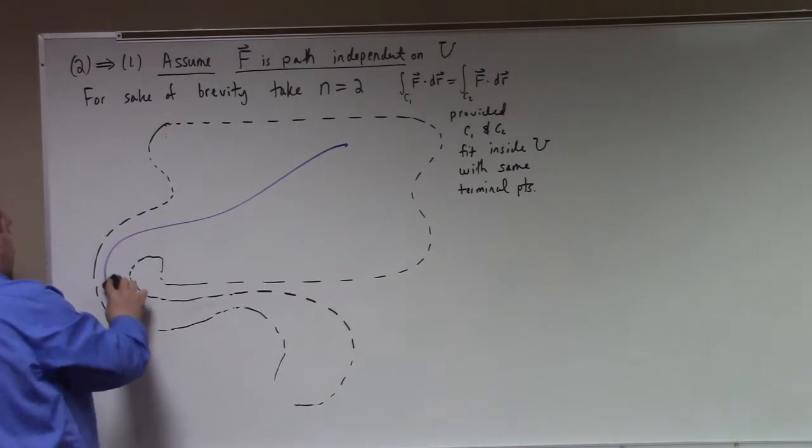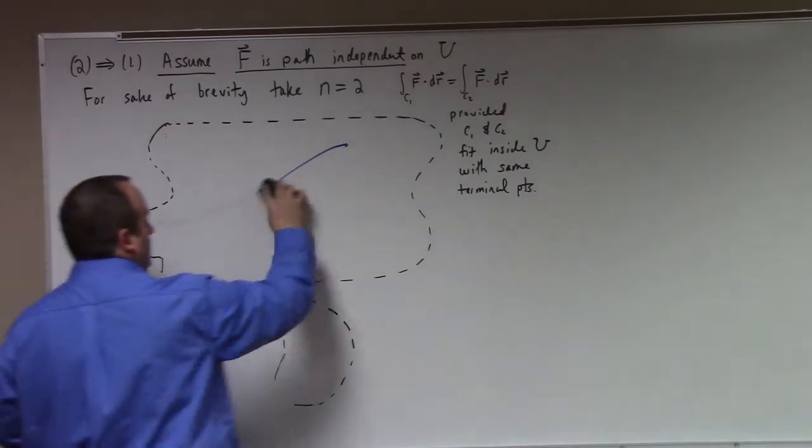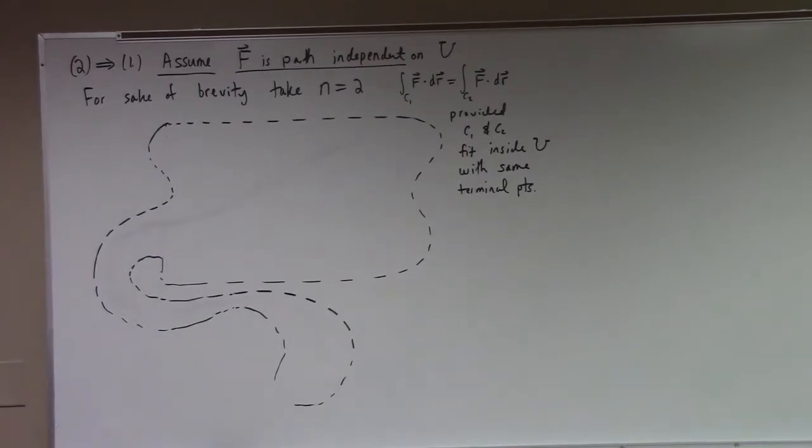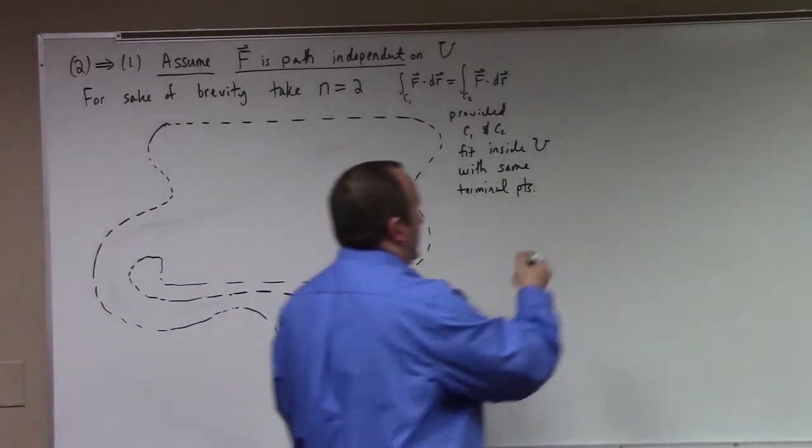So what's our goal? I'm trying to show 2 implies 1. What does it take to affirm the truth of 1? We have to find a little f, a potential function whose gradient is the given vector field. So let's introduce a little bit more notation.